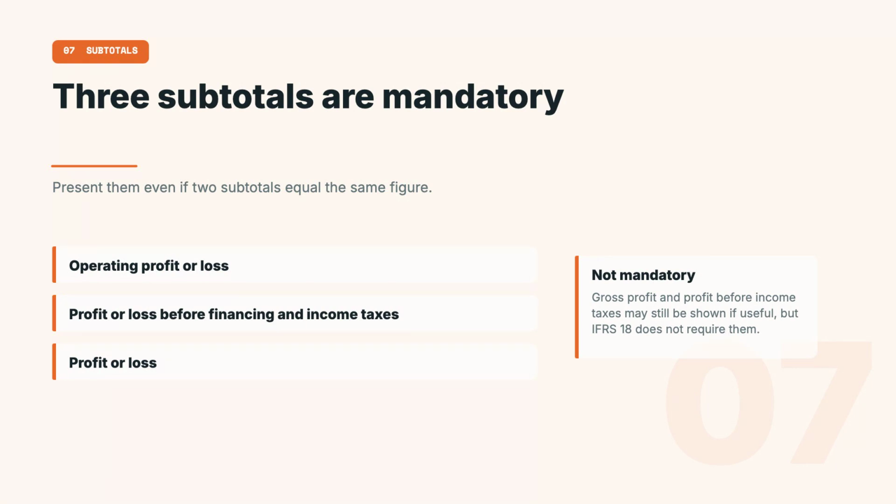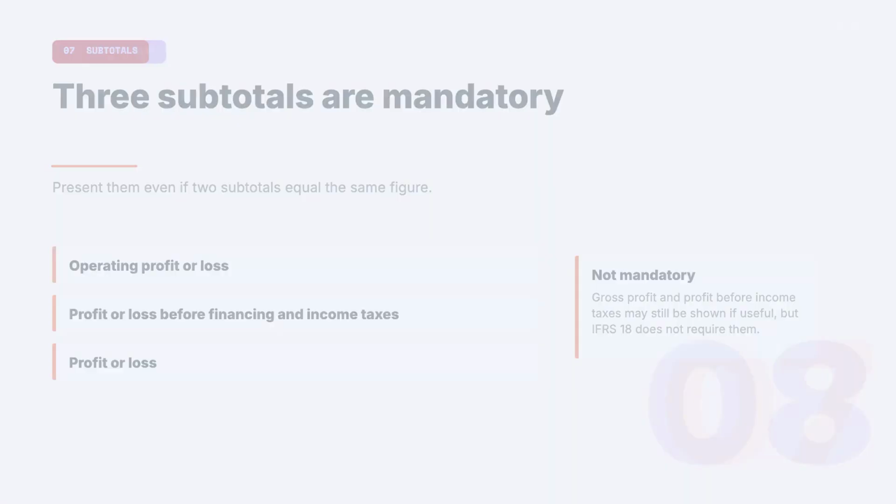Gross profit and profit before income taxes are not mandatory under IFRS 18, although many entities will still present them if they help create a useful structured summary. For SBR, this matters because a question may ask you to review a draft statement. You may need to spot missing mandatory subtotals, wrong subtotals, or items placed in the wrong category.